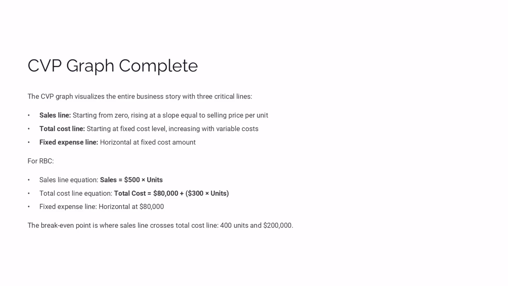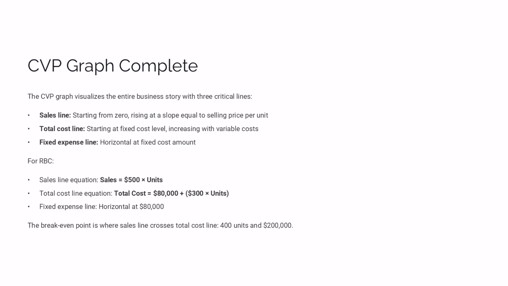Equation: total cost equals $80,000 plus 300 times units. And the fixed expense line running horizontal at $80,000 because fixed costs don't change with volume. Where the sales line crosses the total cost line is your break-even point at exactly 400 units and $200,000, the most important point in all of business.